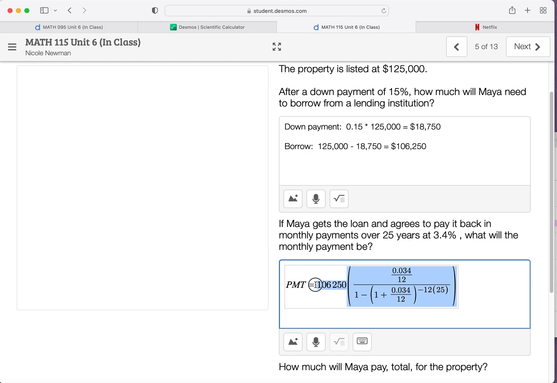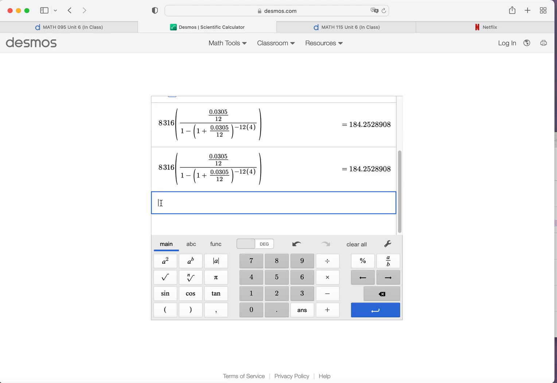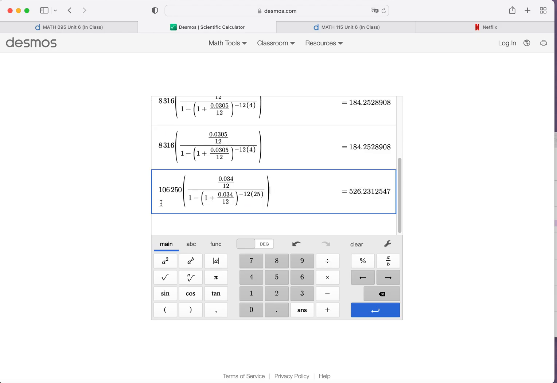To go get the payment amount, if I copy this from Desmos and take it over to the scientific calculator, I can get a new line. I can paste it in there. I could have also changed the numbers in the quantity or the expression above to make it match the new scenario, or I could have just retyped the whole thing. I'm kind of a copy and paste fan.